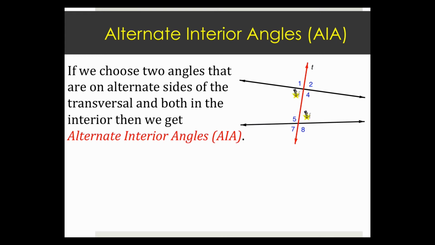Alternate interior angles. So, let's break that down by the name. Alternate means they're on opposite sides of the transversal. One's on the left, one's on the right. Interior means they're in between the 2 lines that are intersected. That having been said, Will, where's the other pair of alternate interior angles? 7 and 2.